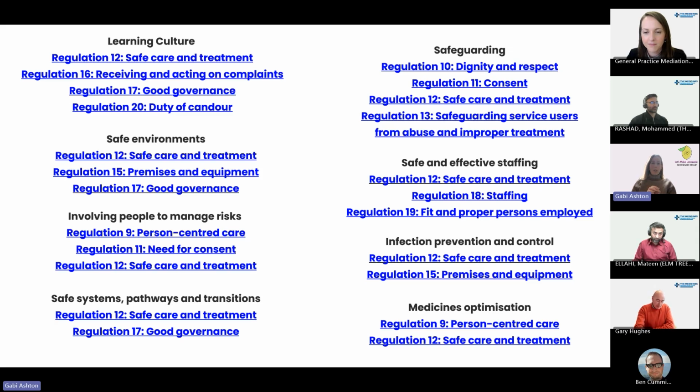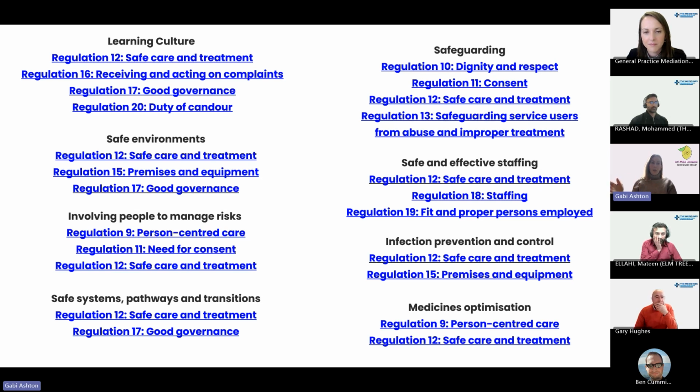This is really helpful because you will see just from having a glance at this that we start at Regulation 9, looking at person-centred care, and we go all the way down to Regulation 20, which is duty of candour. You will see very quickly from this that we are looking at 9, 10, 12, 13, 15, 17, 18. So a lot of the fundamental standards, the majority of them in fact, are covered in one key question and across these 8 quality statements.